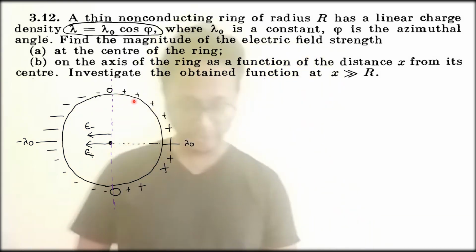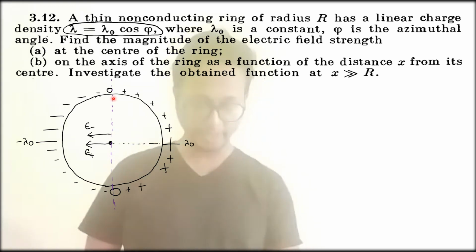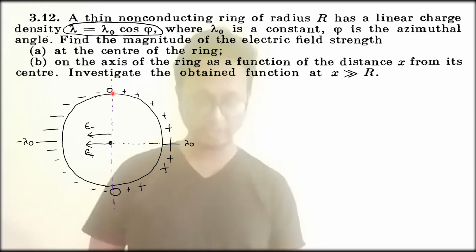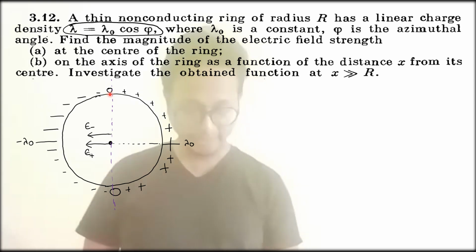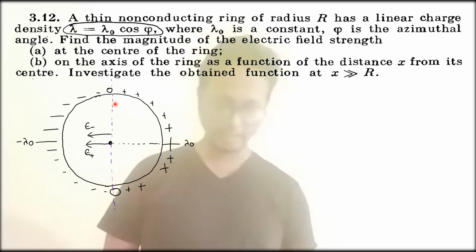And if you observe carefully out here, due to symmetry, the vertical component of electric field would be zero. Why? The vertical component of electric field generated by this much element would be cancelled by the vertical component generated by this much element. Similarly, the vertical component generated by this much element will cancel out the vertical component generated by this much element. Understood?